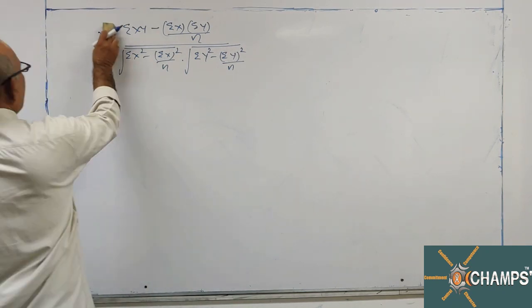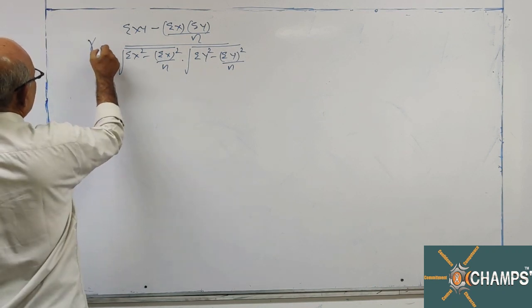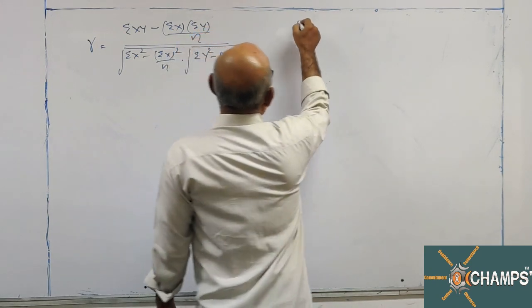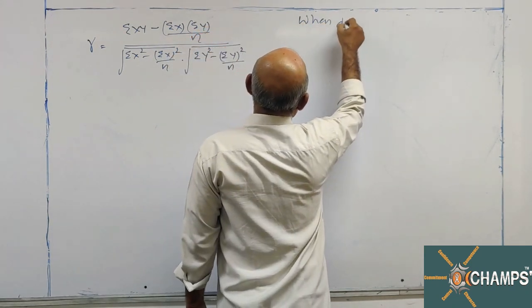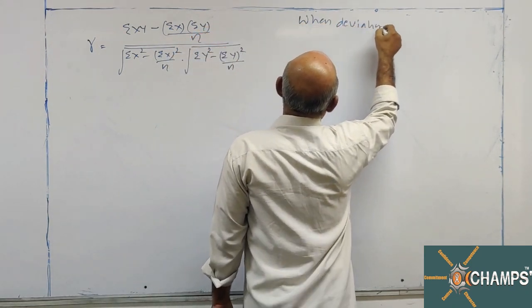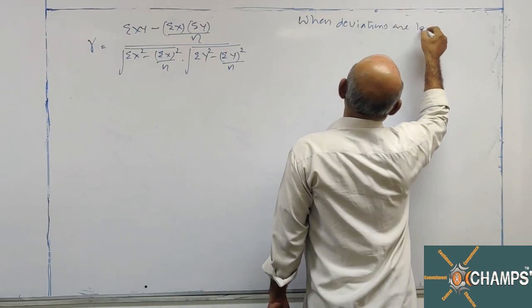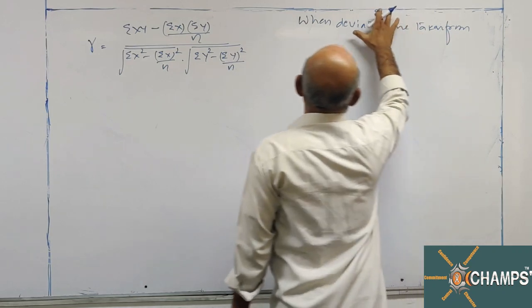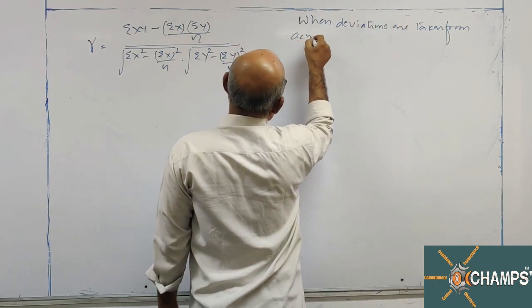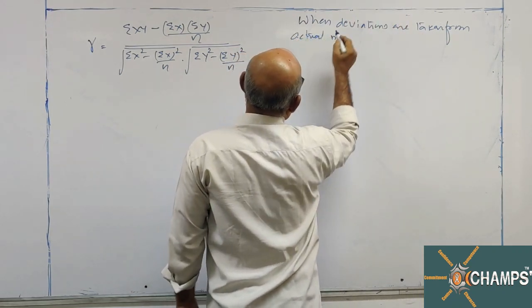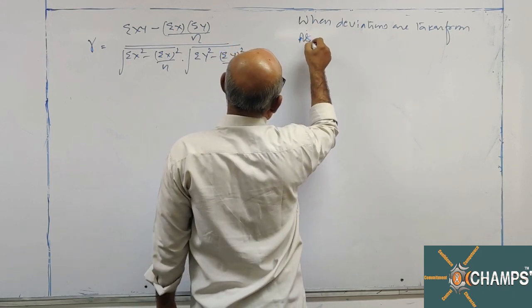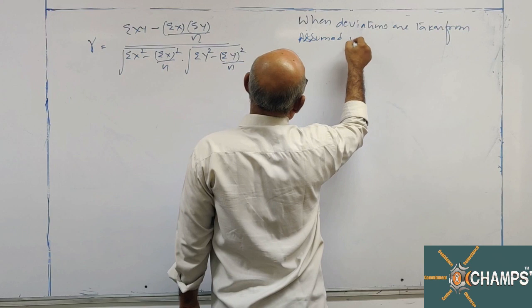There is one more formula to calculate R value, that is when totals are given, when deviations are taken from assumed means or assumed values.